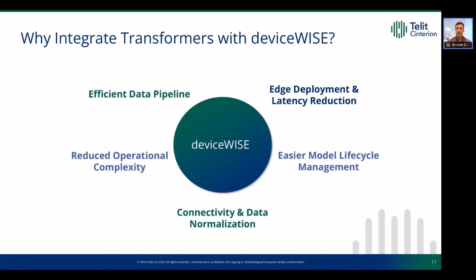Connectivity and data normalization: because deviceWISE talks to everything, it can normalize all the data that comes in to make it easier for the transformers to learn and to predict anything.